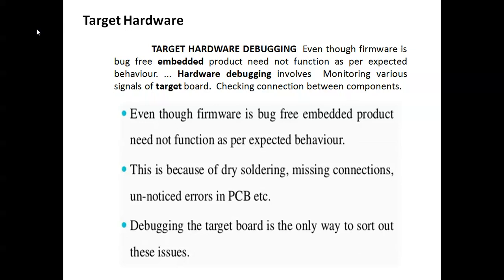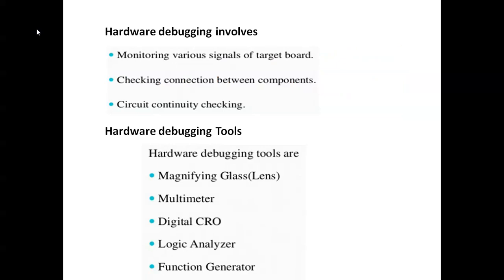So debugging of the target board is the only solution for these issues. The hardware debugging involves monitoring various signals of the target board, checking the connection between components, and circuit continuity checking.